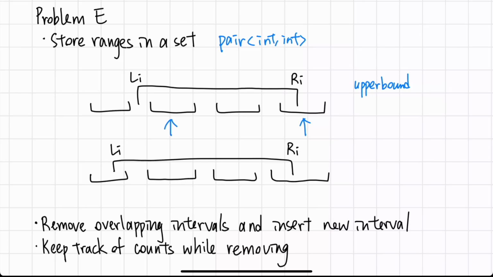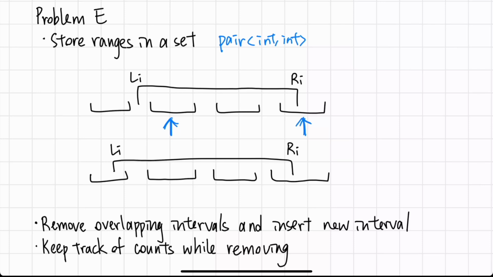By this, I mean we can do upper bound minus 1, like here we can use upper bound to find Li. There may be another range, so we can use upper bound to find this value, then we can subtract 1 to find this value. And I will discuss this in the code later on. But we can just use upper bound or lower bound to locate these ranges here.